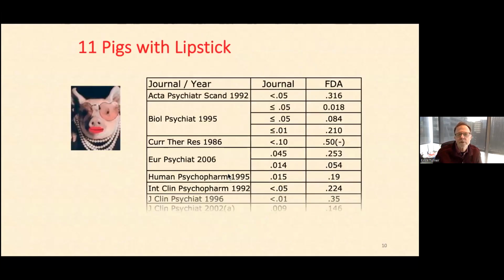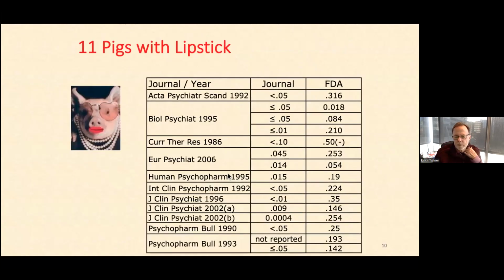So these are the 11 studies, and you may have heard the expression putting lipstick on a pig, trying to make something look positive or good that's really kind of ugly. I don't know, maybe pigs aren't so ugly after all.